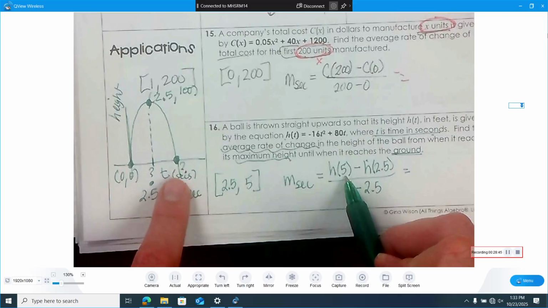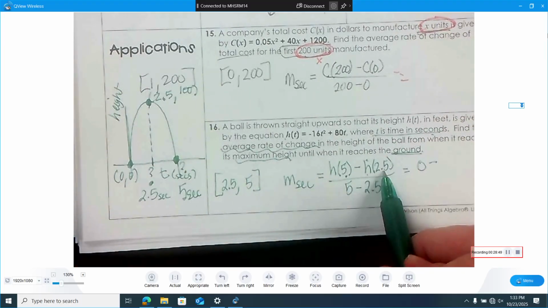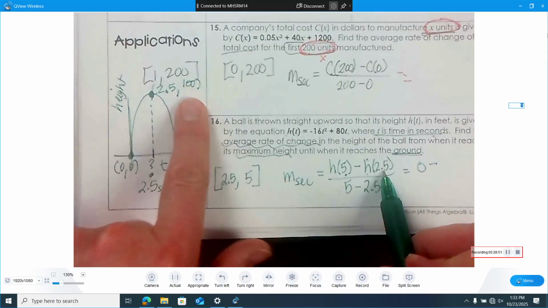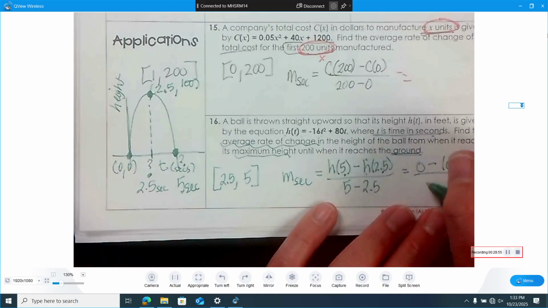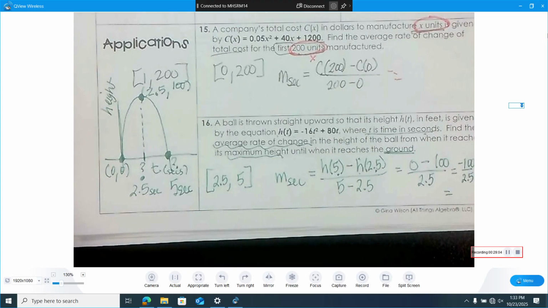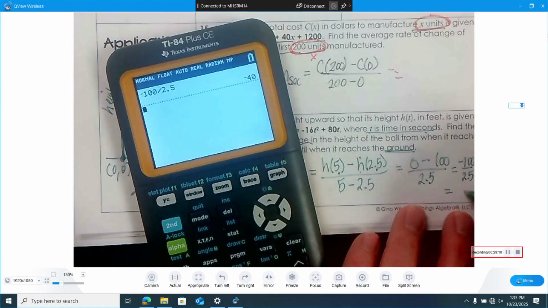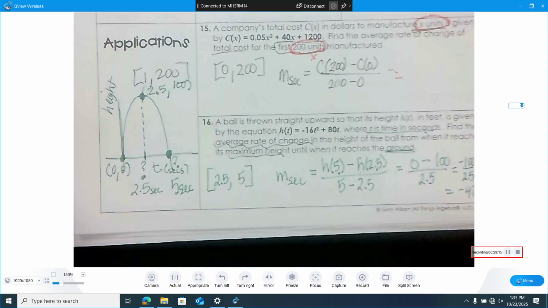What's the height at 5 seconds? 0. And what's the height at 2.5 seconds? 100. And then 5 minus 2.5 is 2.5. And so that's negative 100 divided by 2.5. I know what that is. Negative 40.